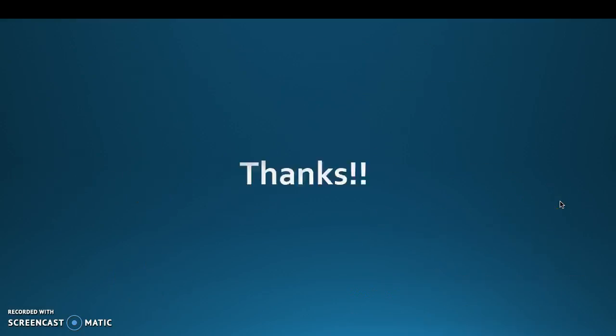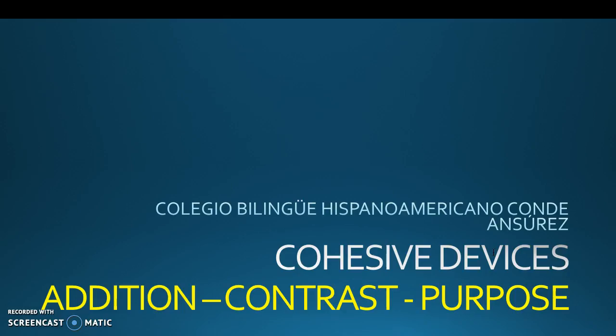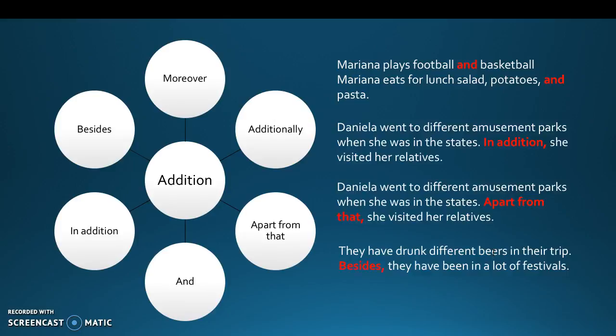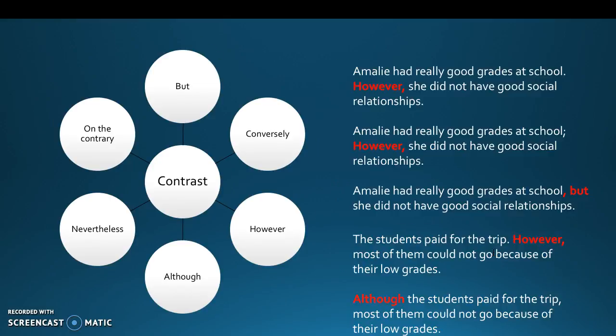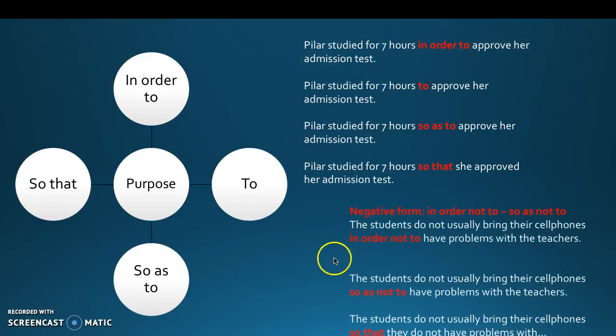And we have the negative form of those last cohesive devices. But the only ones that have a real negative form are in order not to and so as not to.